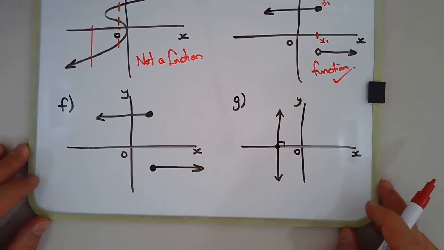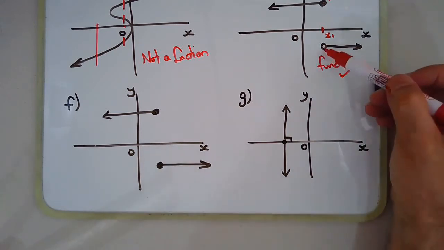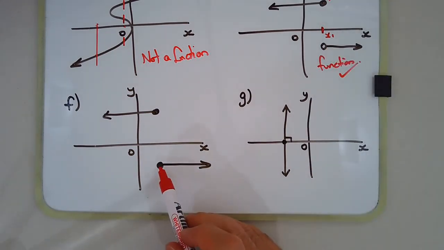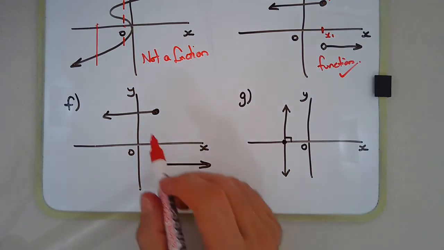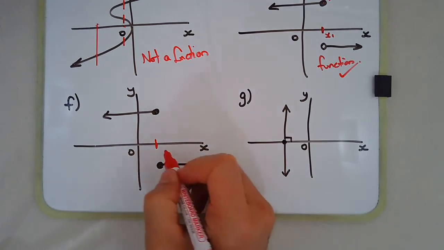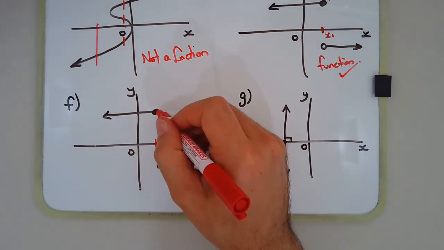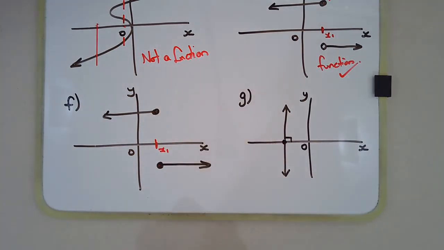Let's have a look at part F. Now part F is very similar to part E. There's one small change. You notice that the open circle here has become a closed circle. So that means there's a point, let's call this x1 again, input x1, where it's possible to get two different y values occurring simultaneously.